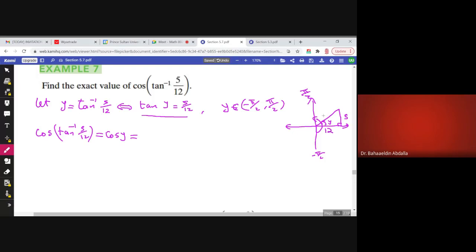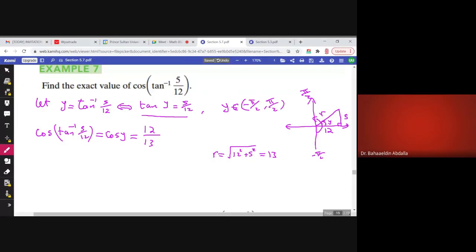Adjacent over hypotenuse, so 12 over the hypotenuse. We only need to find the hypotenuse. If we call it r, then r is the square root of 12 squared plus 5 squared from the Pythagorean theorem. So the answer is 13. So cosine y is 12 over 13.